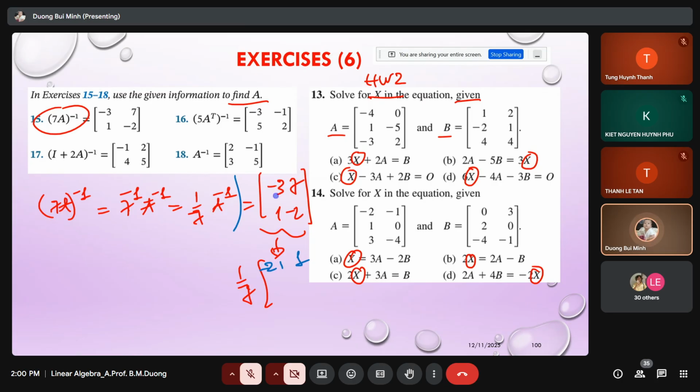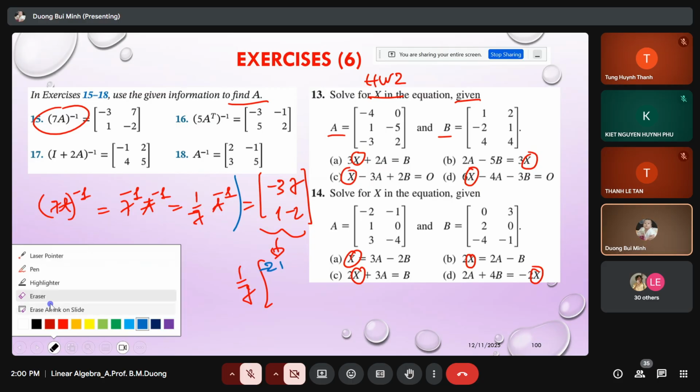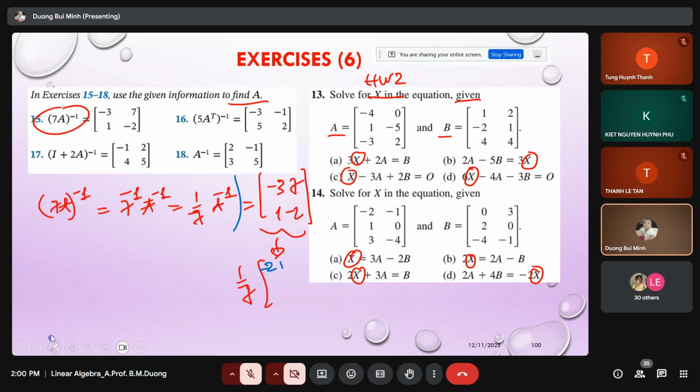We just divide this by 7. We take the 1 over 7 here, so you need to times 7, so you get 49, right? And this one is 7, this one is minus 14. So this one is inverse of A.